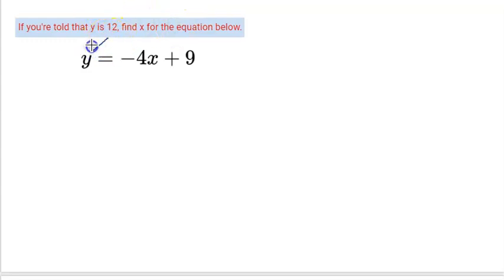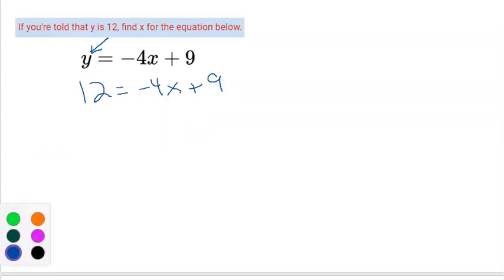You'll plug it in where they tell you it goes. They said y is 12, and then you have to find the value of the missing variable. To do that, you've got to be good at solving linear equations, and some of you seem to have struggled with that in middle school.